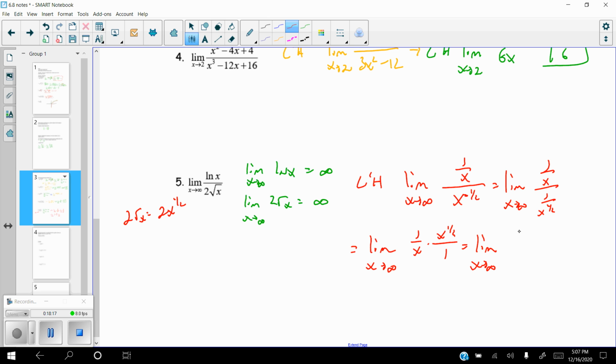So x to the 1/2 over x is the same thing as 1 over x to the 1/2 power. And now if I were to plug infinity into the denominator, I'm going to get some form of 1 over infinity, and that approaches 0. Because the denominator would be growing faster than the numerator since the numerator is constant. It's going to approach 0.